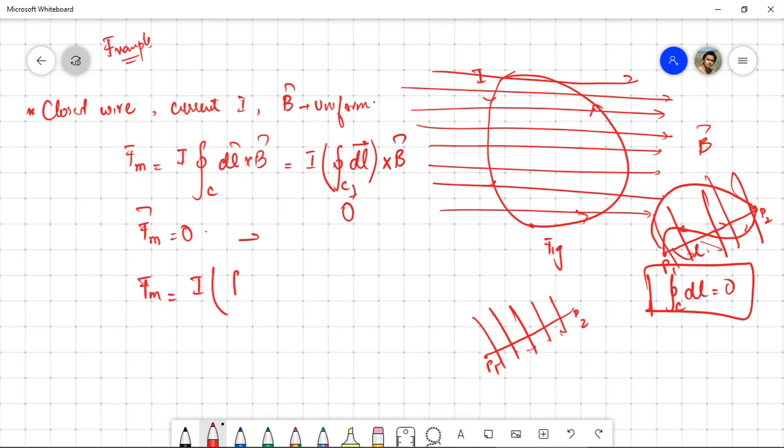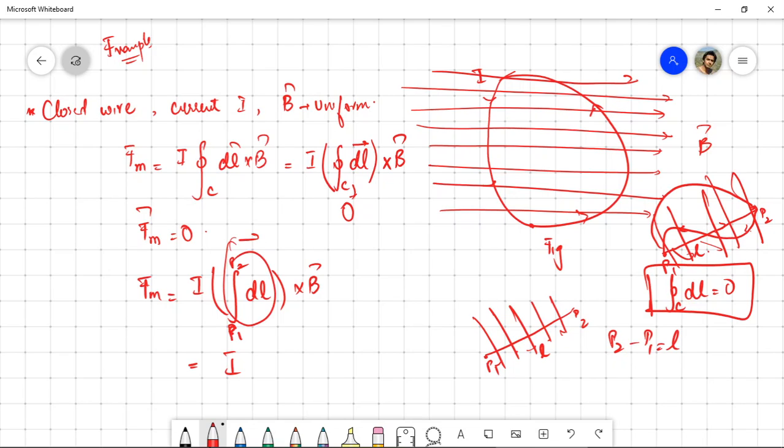For that case you will calculate the integral, but once again B is uniform, so it will come out of the integral, and the integral of dl will be from point p1 to point p2. If the distance between these two points is given to be small l, then the value will be I times (p2 minus p1), and p2 minus p1 will be equal to l.